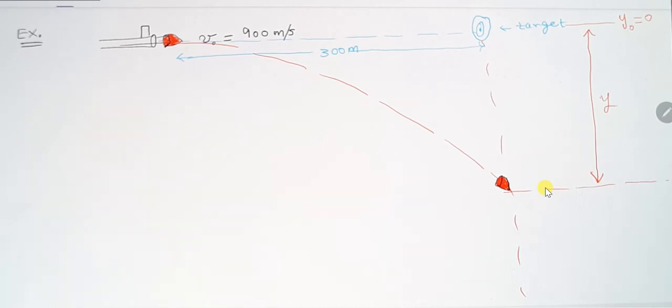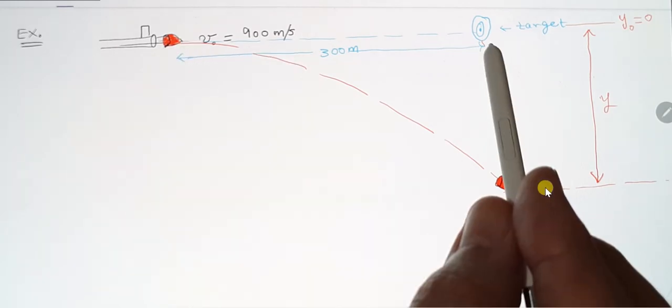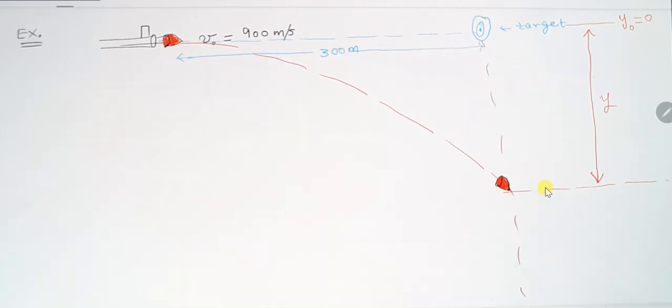And we are going to calculate how much, after 300 meters of traveling, the bullet will fall. It will be about 54 centimeters. We will come to that.